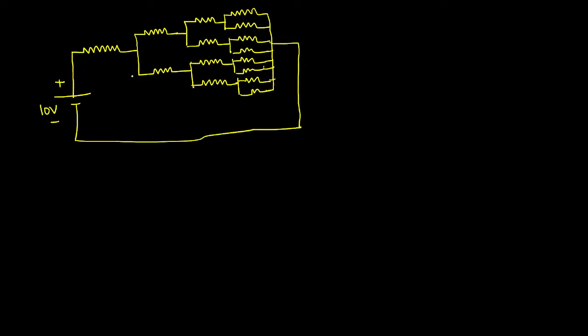Now what you are supposed to do is consider all the resistance values as 2 ohm, for all the resistors. Now the question is, what is the current supplied by the source? That is the question.